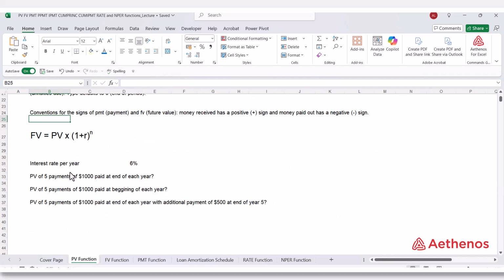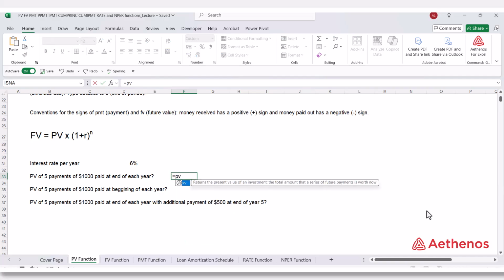So let's look at an example. We have an interest rate per year of 6%. We want to find the present value of 5 payments of $1,000 each, paid at the end of each year. So we write the function equals PV, and the rate is 6%, and the number of payments is 5.